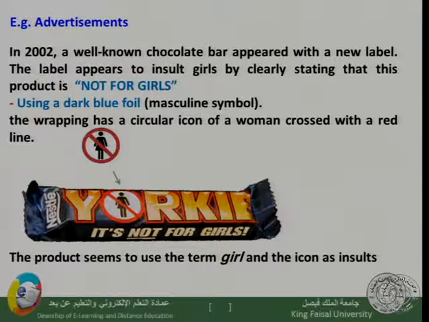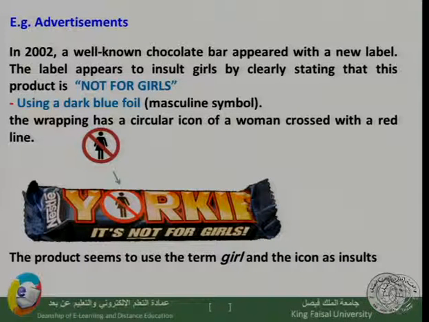Another way of expressing sexism through language is in advertisement, and here we have a specific example which appeared in 2002, where a well-known chocolate bar appeared with a new label.